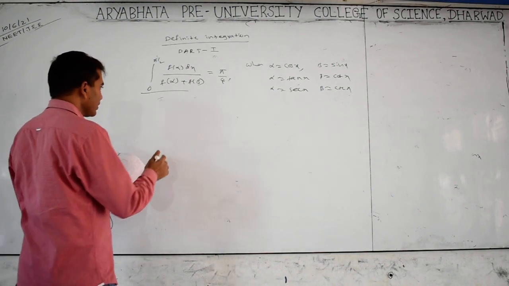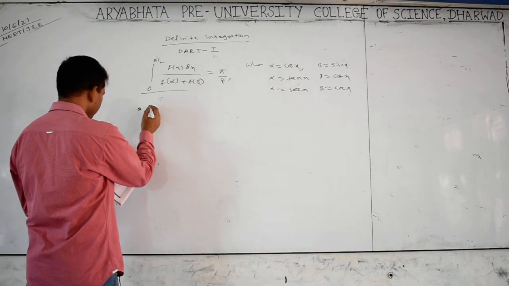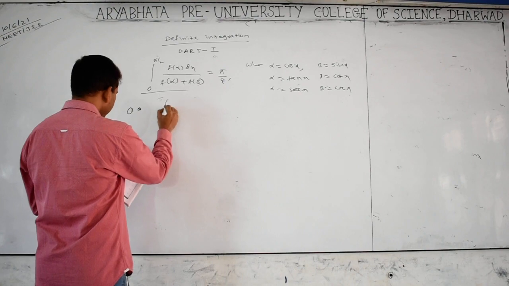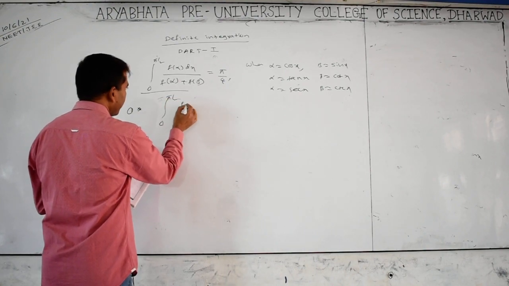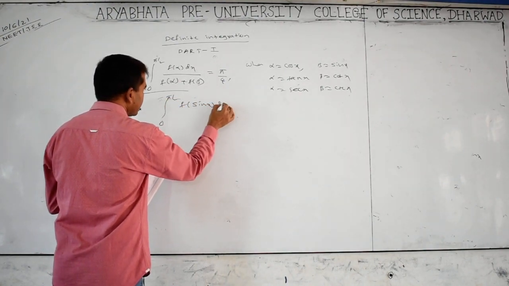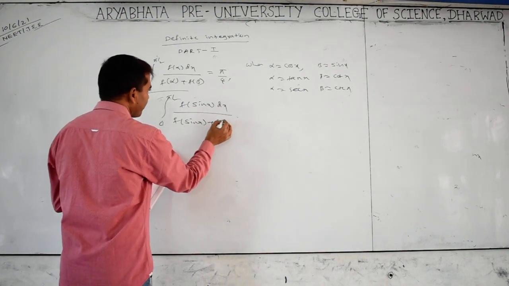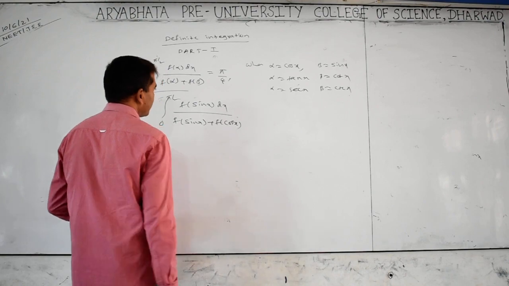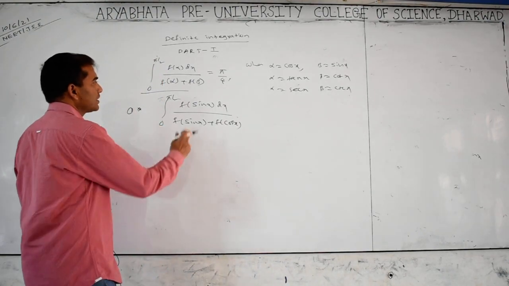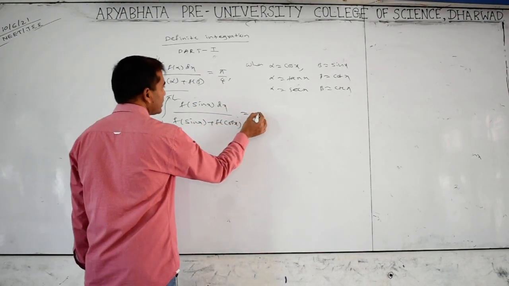So here the first problem in the material: 0 to pi by 2 f of sin x dx divided by f of sin x plus f of cos x, which is equal to, sin cos, finish. The answer is pi by 4.